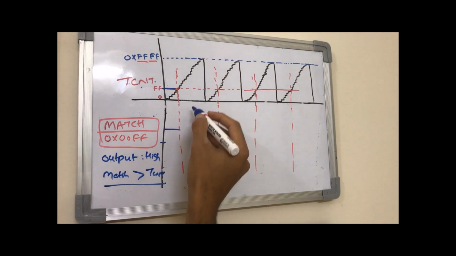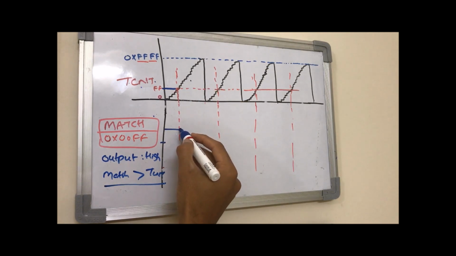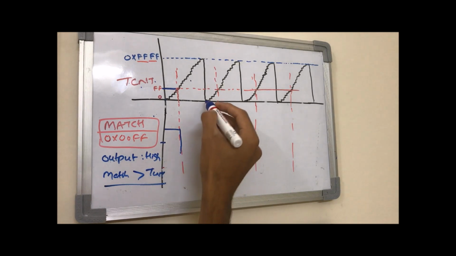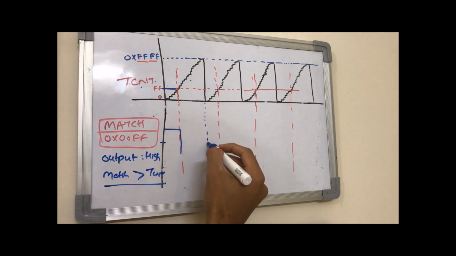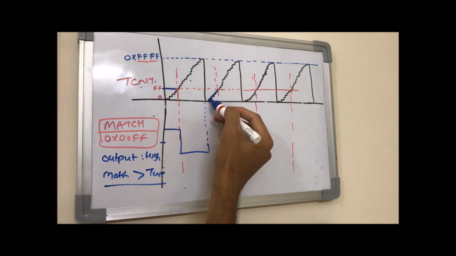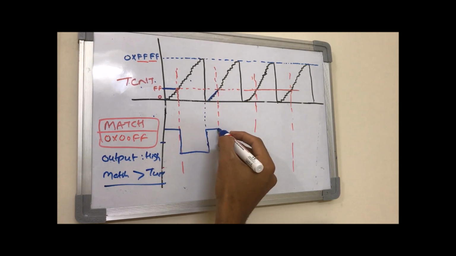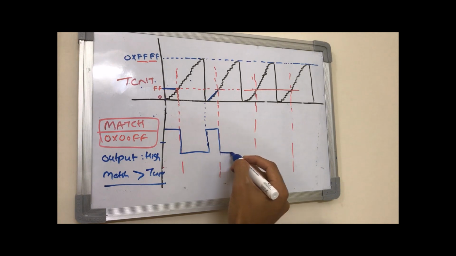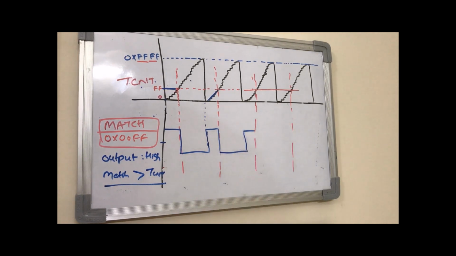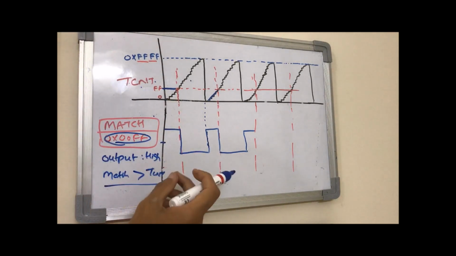Then the reverse of this is the counter value becomes greater than the match register, so the output will be low till this point. Again, the counter value is reset to 0, which is again less than the match register, so the output will become high. So this way it is controlled, and by varying the contents of this match register, you can actually vary the pulse size.